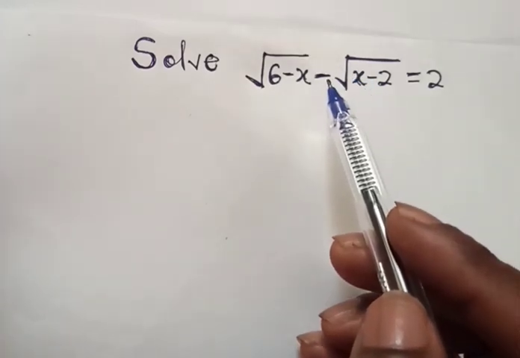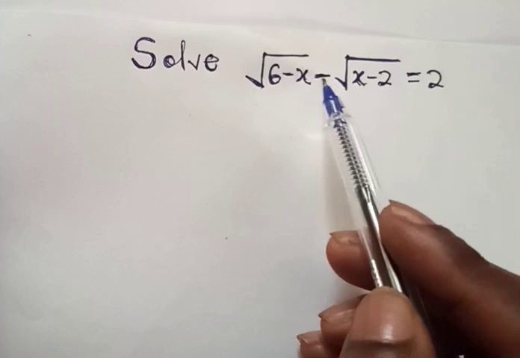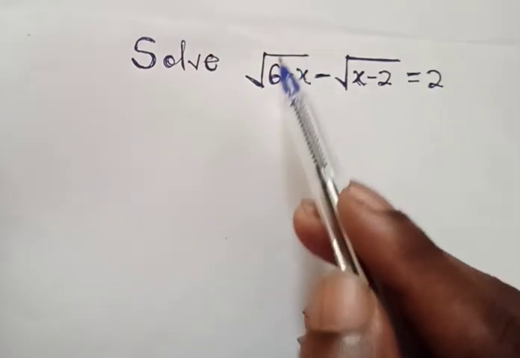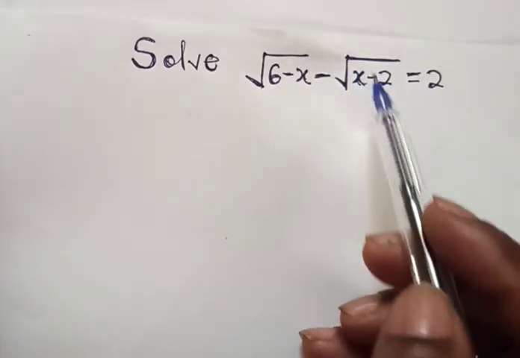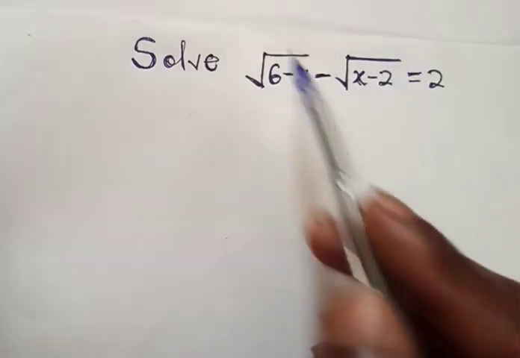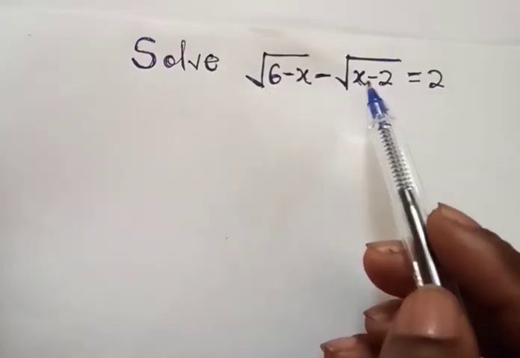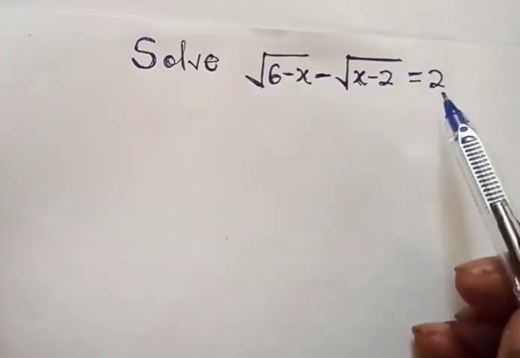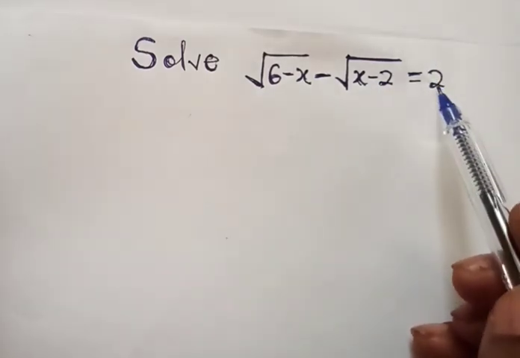But the moment you see that it involves addition or subtraction, then you can't square this term and square this term separately. No. What you do is you square the entire expression at the left side, then you square the entire expression or value at the right side.